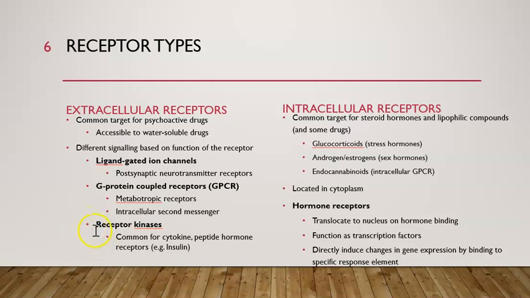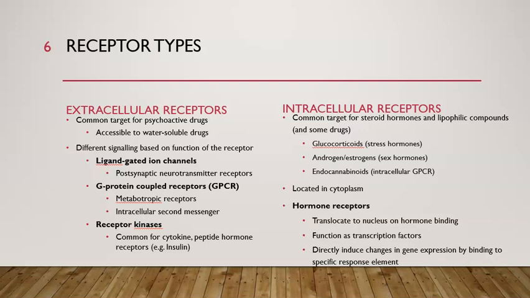In terms of popularity, ligand-gated is the most popular, G-coupled protein is your second most popular, and the third is your receptor kinases. These are common for cytokines and peptide hormone receptors, but we're not going to talk about very many of those in this class, though they will come up again once or twice. You should still know that that is a third type, and that they are located on the cell surface.